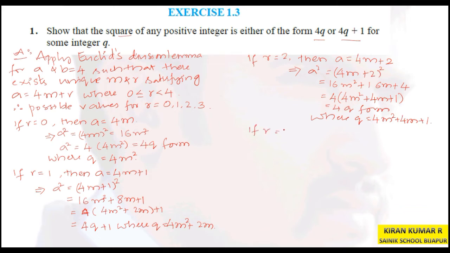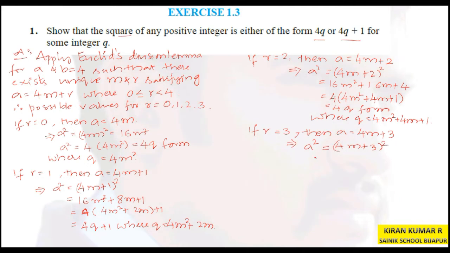Last part, if r is 3, then a will be 4m plus 3. Now by squaring on both the sides, a square becomes 4m plus 3 whole square.